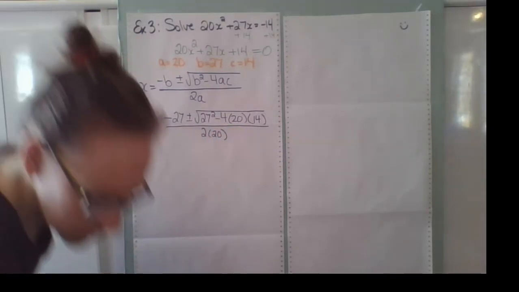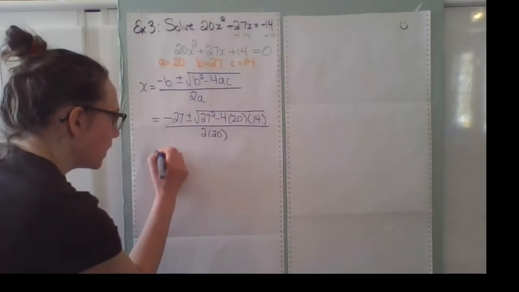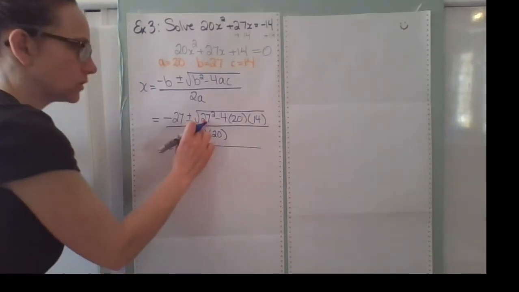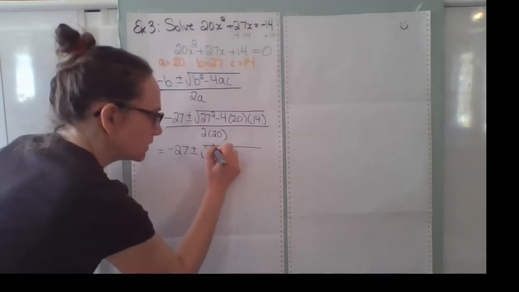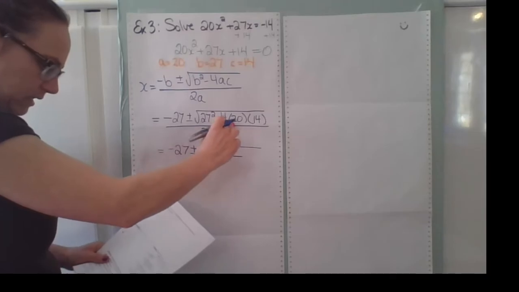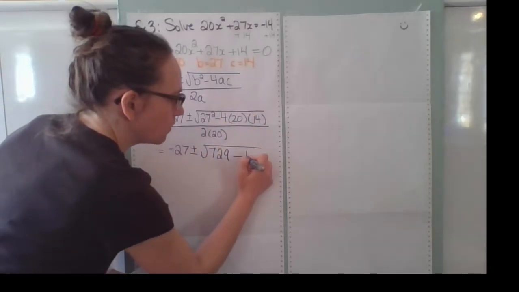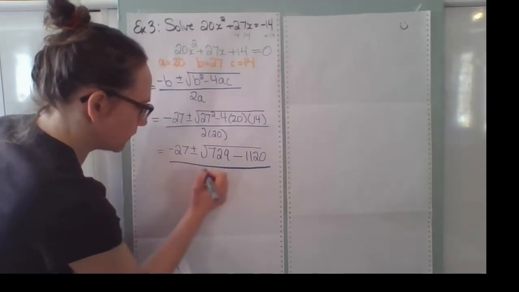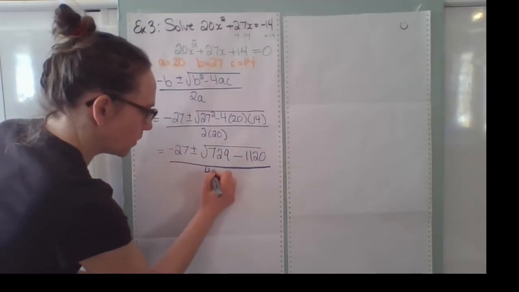Let's simplify our numbers a little bit. We've got negative 27 plus or minus, well, 27 squared is 729, minus 4 times 20 is 80, times 14 is 1120, all divided by 2 times 20 is 40.